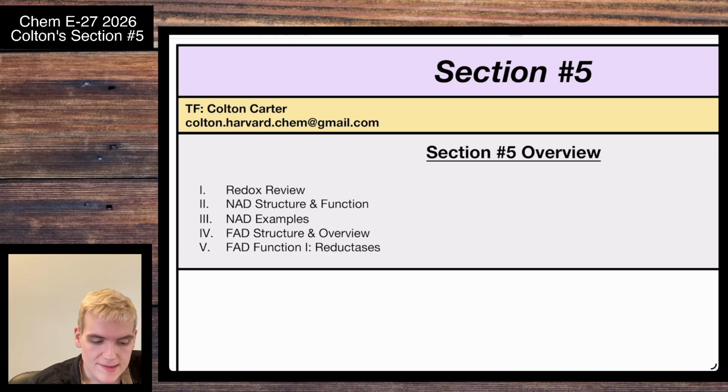So what happens is NAD is nature's oxidizing agent. It is available to accept a hydride from some molecule that you're trying to oxidize. So for example, here is an alcohol. We are going to try to turn this alcohol into a carbonyl.